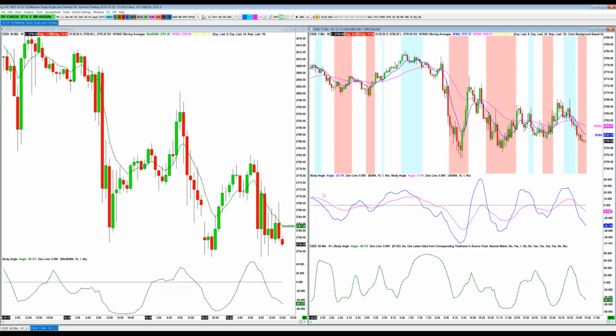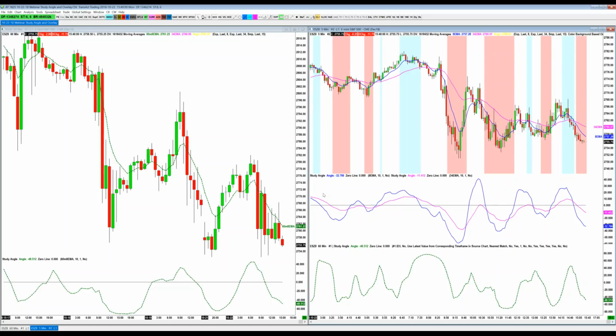All right, so I have a 60-minute on the left and then 5-minute on the right. When you're trying to build a formula that is basically a translation that the computer understands of something you are trying to achieve, you have to think about it out loud or write it down. One of the things that this person who suggested this idea originally to me said was that he is looking for 2 indications that the market is in some degree of an uptrend on one time frame, and then 1 indication that the market is in the same uptrend on a bigger time frame.